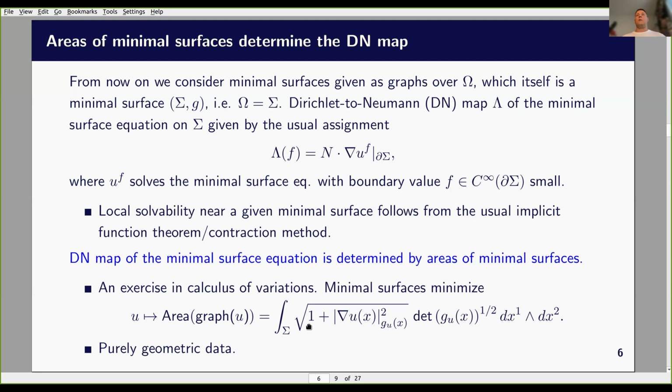So to get the DN map from this functional, you vary this functional in the set of functions solving the minimal surface equation. It's very easy, and we can think about that since it's equivalent to having the DN map for areas of minimal surfaces. The latter is somehow purely geometric data.